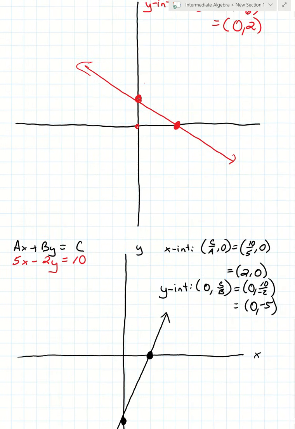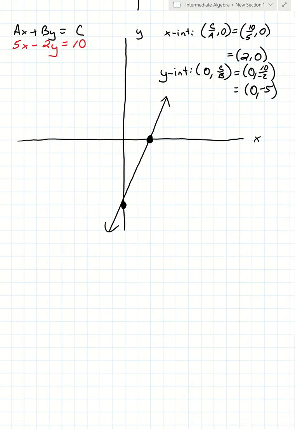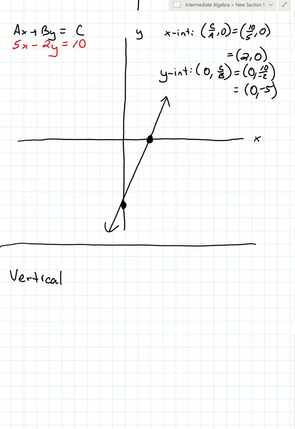2 other lines that we're going to take a look at: vertical and horizontal lines. A vertical line is a line that goes up and down. And all vertical lines have the same form of equation.